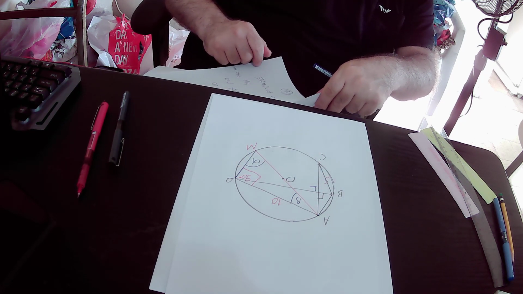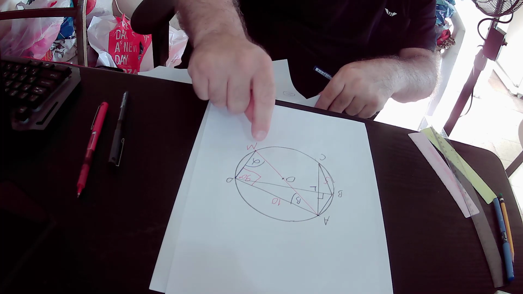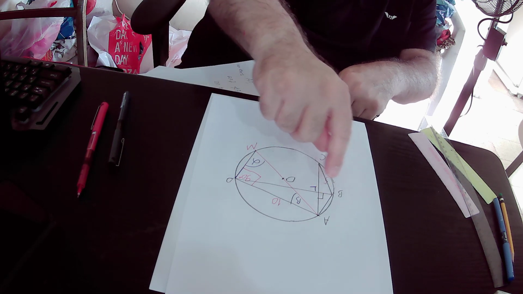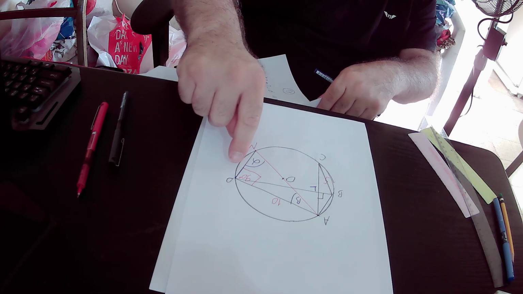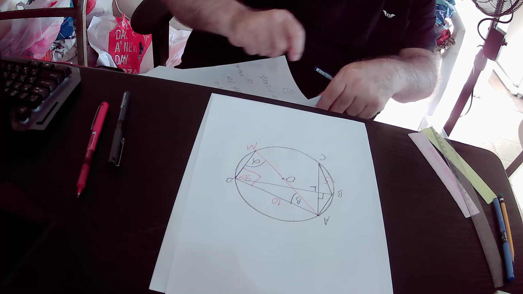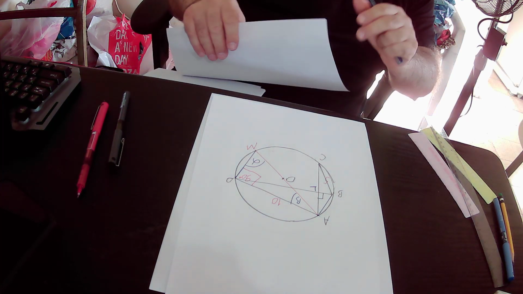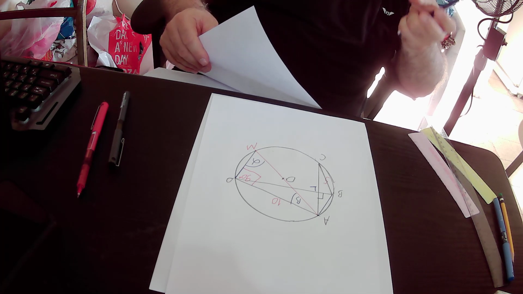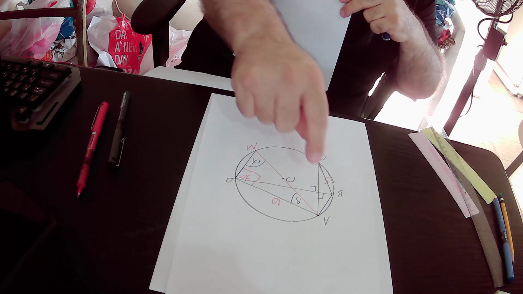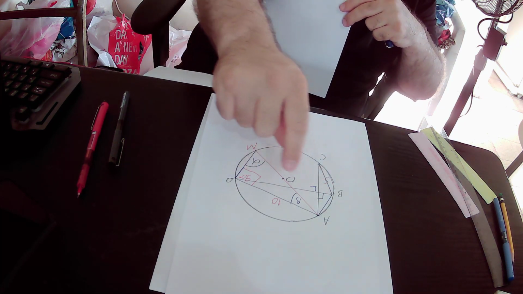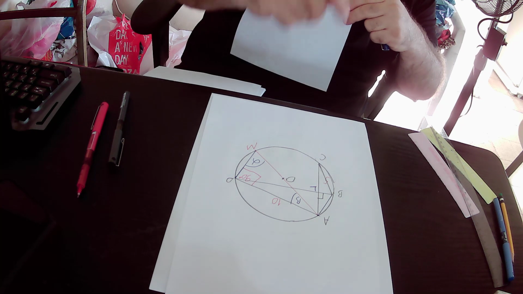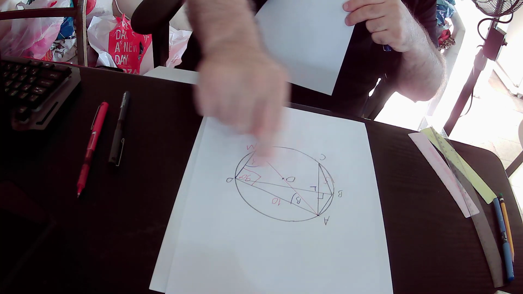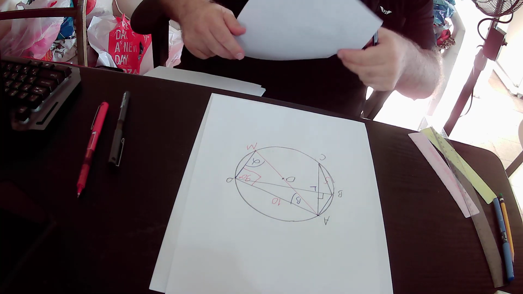So we actually have angle alpha that rests on chord AD, and also angle ABD rests on the same chord AD as angle alpha. So because of the fact that both those two angles, angle alpha and angle ABD, rest on the same chord AD, according to rule number 2, they are equal to each other. That is to say, angle ABD equals to alpha.